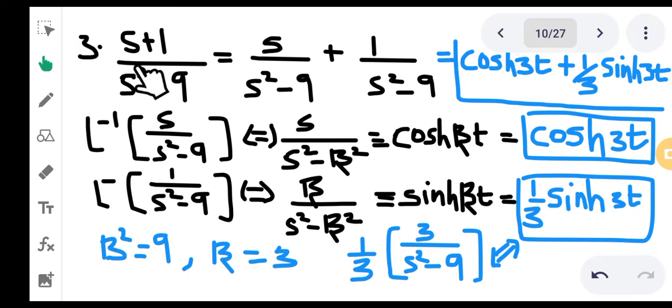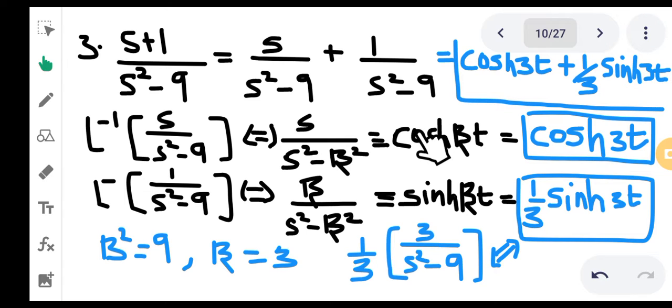We have s plus 1 all over s squared minus 9. This one we just separate. It is the same thing as s over s squared minus 9 plus 1 over s squared minus 9. So find the Laplace inverse of this, find the Laplace inverse of this, and add them. That's all. The Laplace inverse of s over s squared minus 9 is a kind of s over s squared minus beta squared.